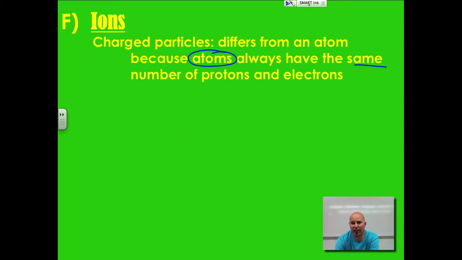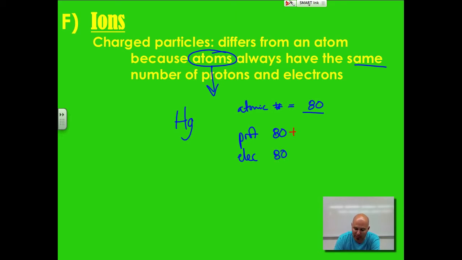So if we look at another element, let's say mercury, you look up on the periodic table, the atomic number for mercury is 80. Therefore, we have 80 protons in an atom of mercury, and therefore also 80 electrons. That's 80 pluses, 80 negatives, a neutral substance.